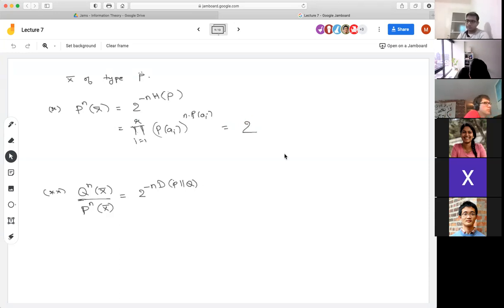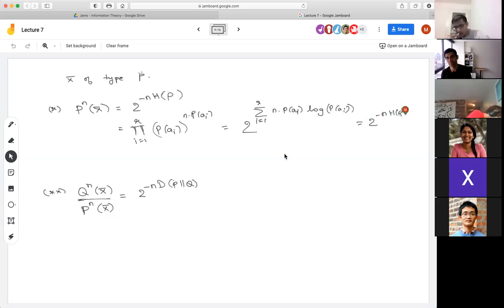It's 2 to the summation over I. Sorry. It's exactly the same computation as before, which we did with the KIs. It's nothing very different.